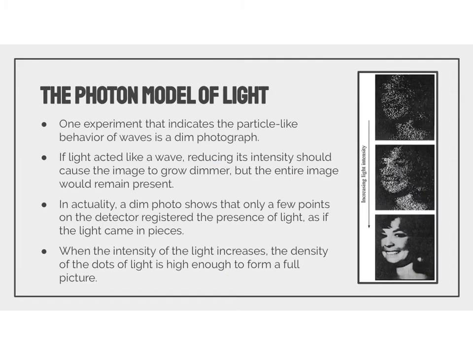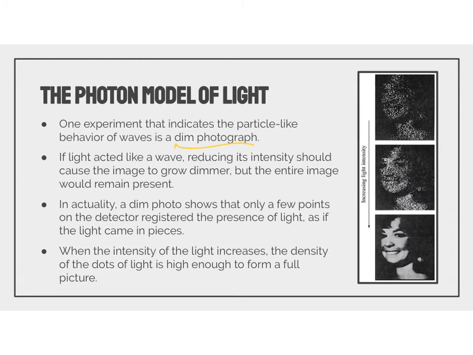So here's an example, an experiment. One experiment that indicates the particle-like behavior is a dim photograph. Now we're not talking about taking a photo and lowering the lighting, but an actual photograph on exposed film over time, with more or less intensity.